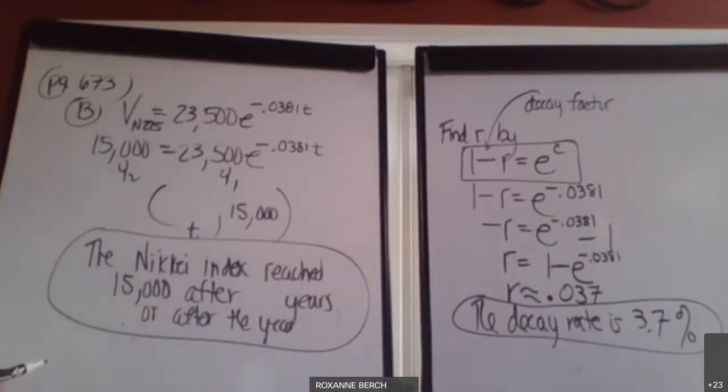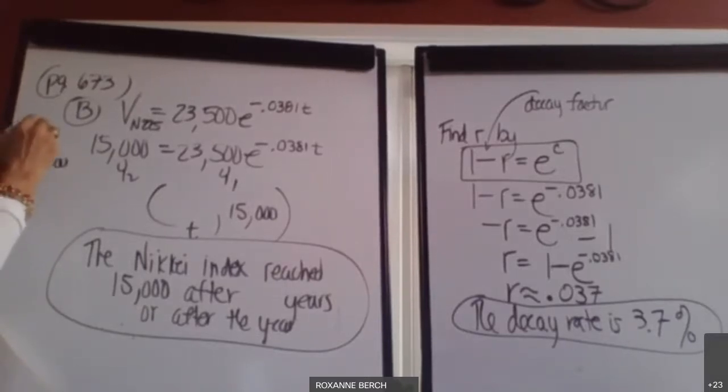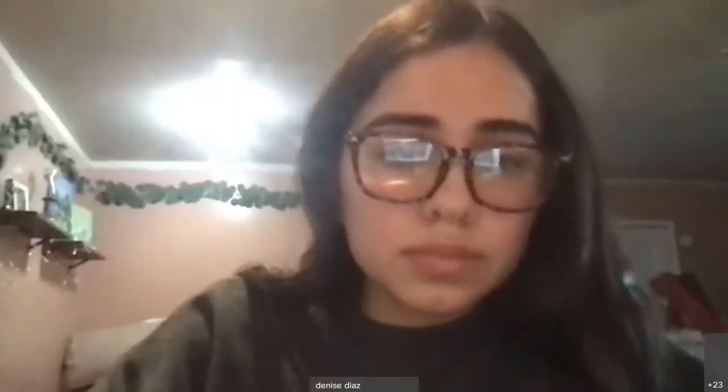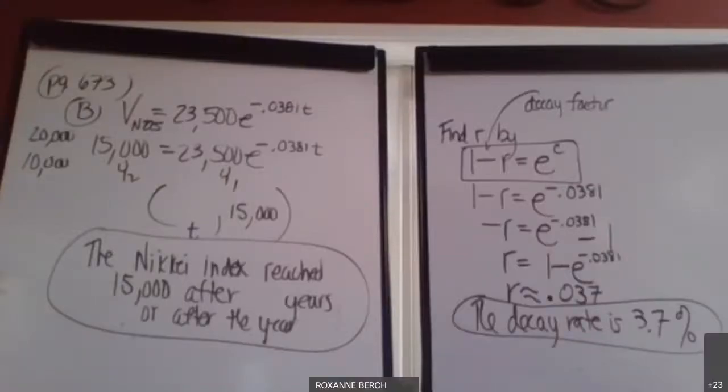So I would count from like 10,000 to 20,000, counting by like 1,000. What'd you get? I got 11.78.